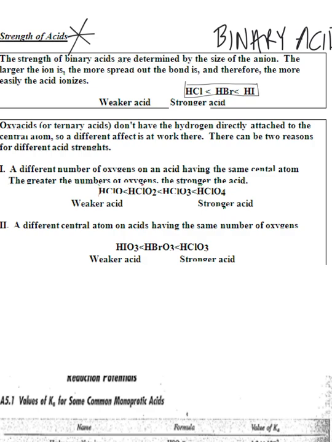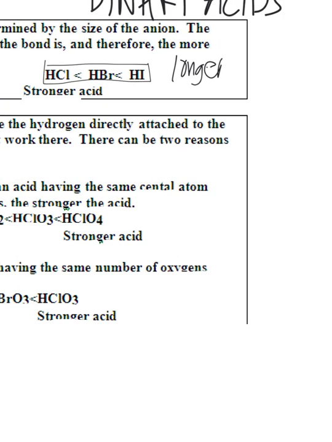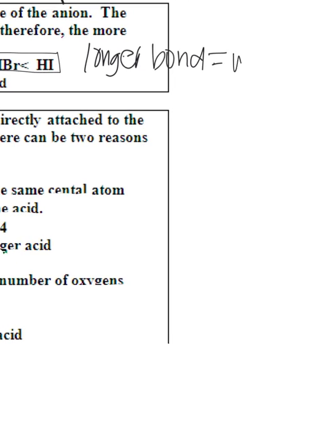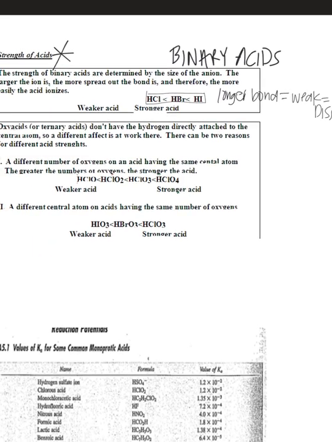The longer the bond, that means a long bond is a weak bond, which means we are going to dissociate better. And that bond is long because the anion is big, which means the distance to the nucleus is far.